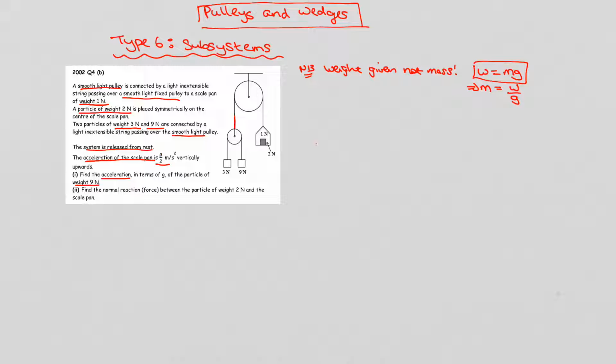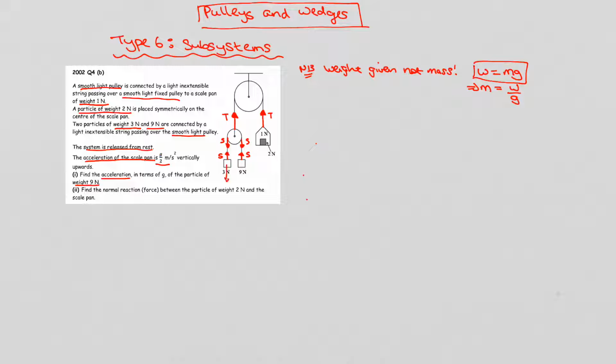We have tension T acting away from the scale pan and the pulley. Then the strings pull down on the other pulley, so we're going to have different tensions. We're going to use S for tension, and again, tension acting away from the objects.